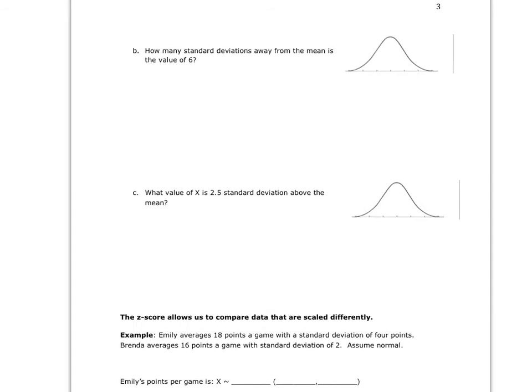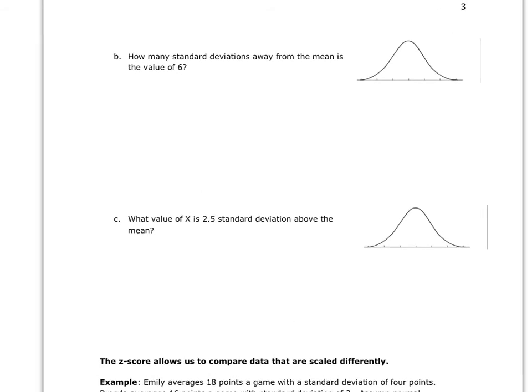Okay, sometimes we're even asked the question about how many standard deviations away a value is from the mean. So here we've got value 6, and we can label our density curve again, and we're going to want the z as well.